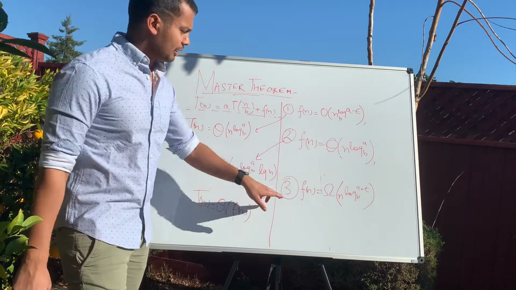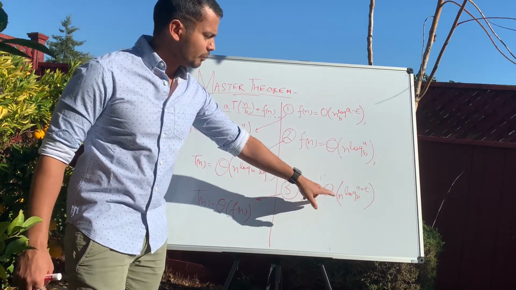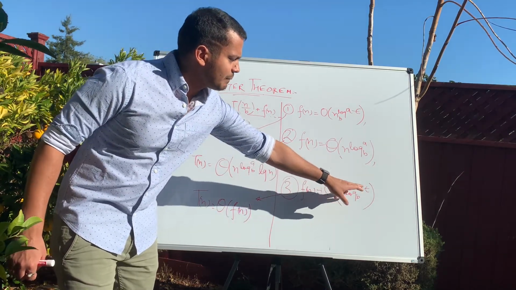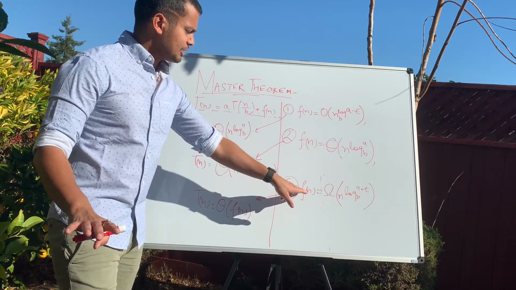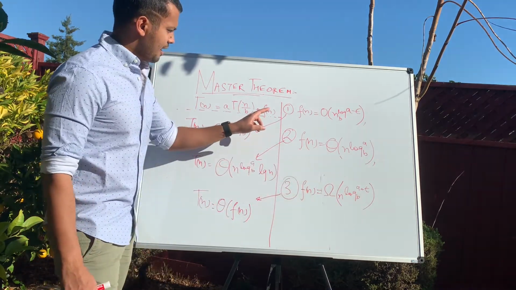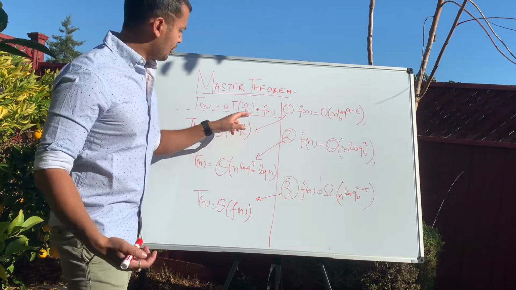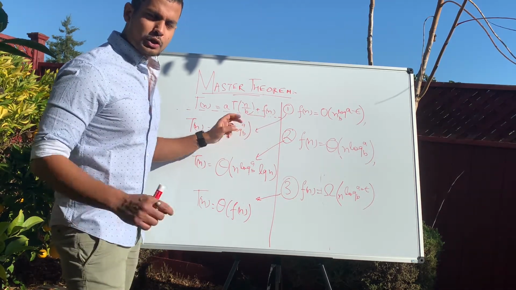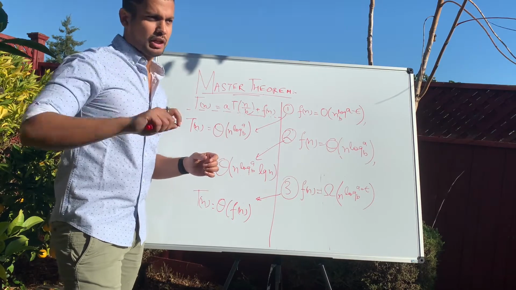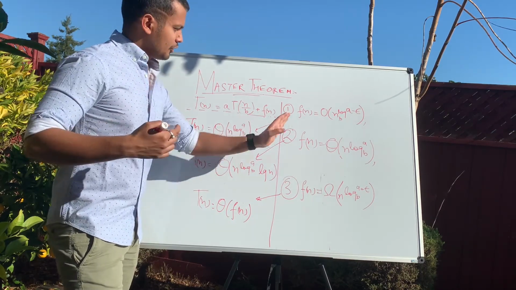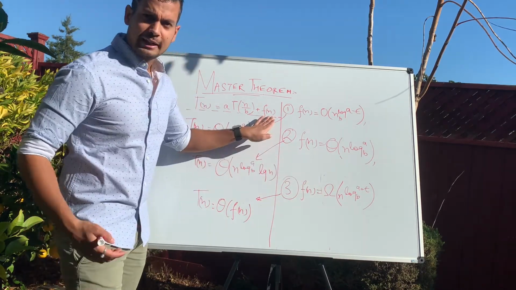And the third part is f(n) is equal to omega of n^(log_b a + epsilon). This case means that f(n) has the precedence over this particular half. So in a recursive function at one particular level, this particular side is having the dominance.